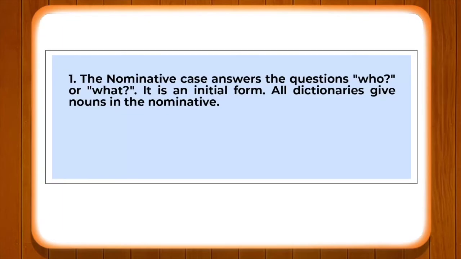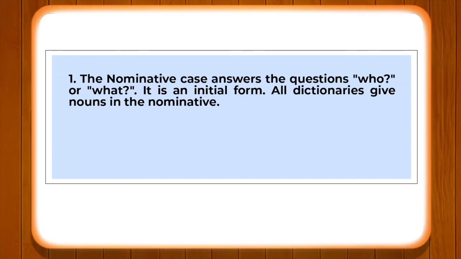So the first one is known as the nominative case or imenitelny padezh. It answers the question who or what. We already know kto and chto, where we seek whether it is animate or inanimate. So kto means animate, and chto means inanimate.